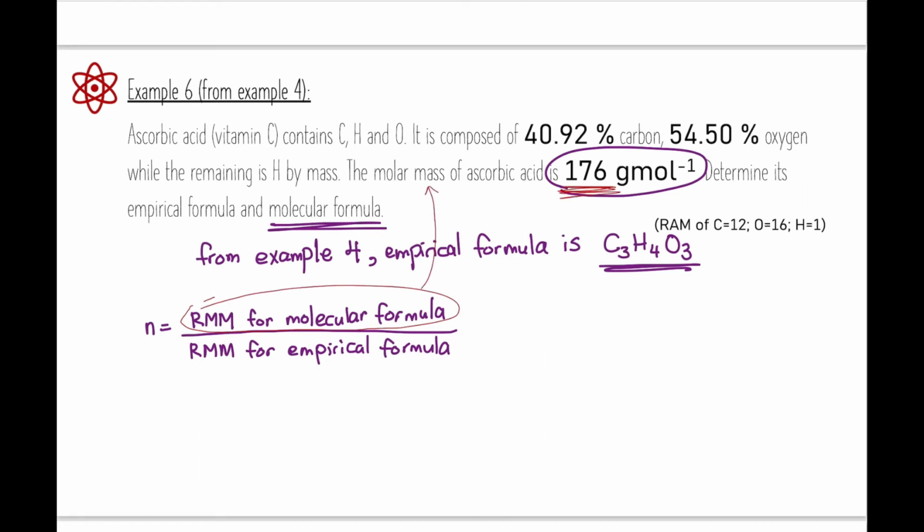While the value of RMM for empirical formula is calculated from the empirical formula of ascorbic acid, which is C3H4O3.